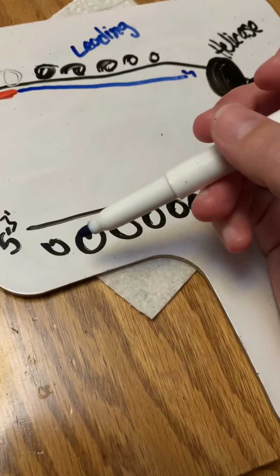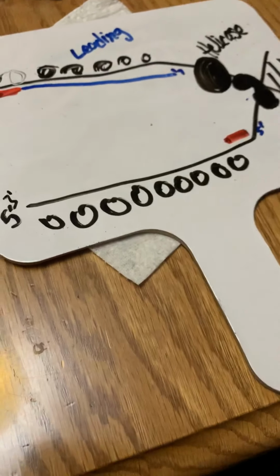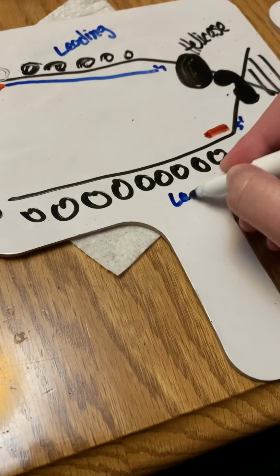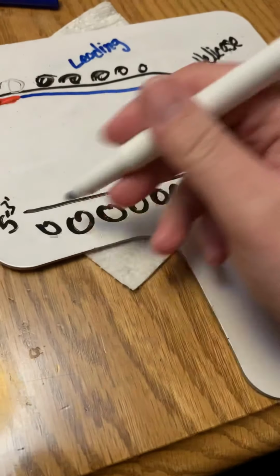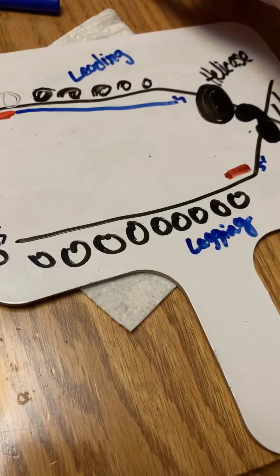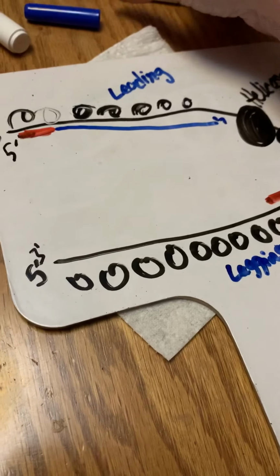Replication is done in sections called Okazaki fragments. The lagging strand is called discontinuous replication, and the leading is the continuous replication.